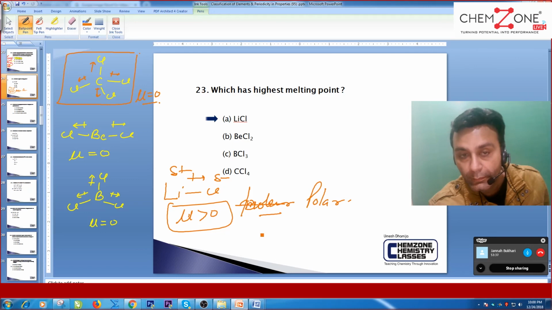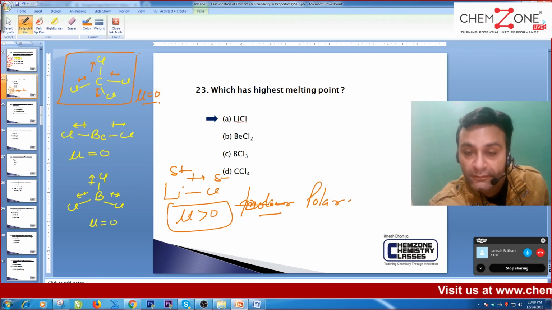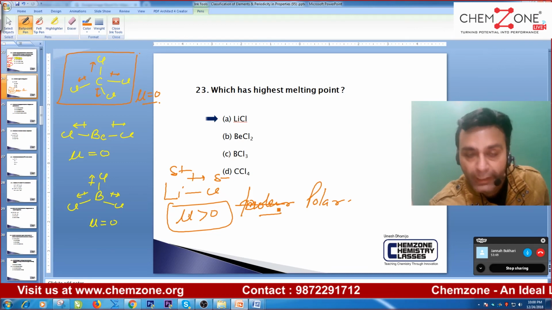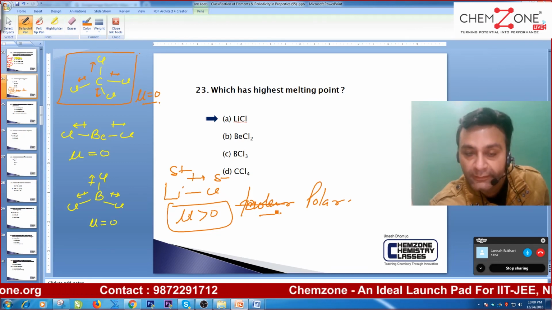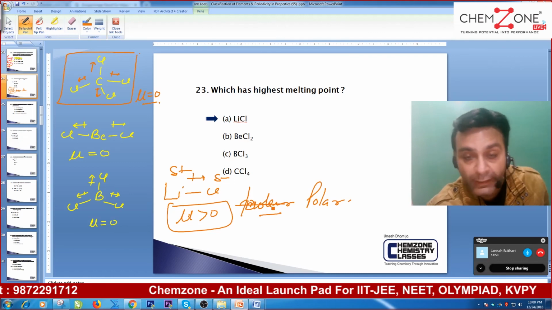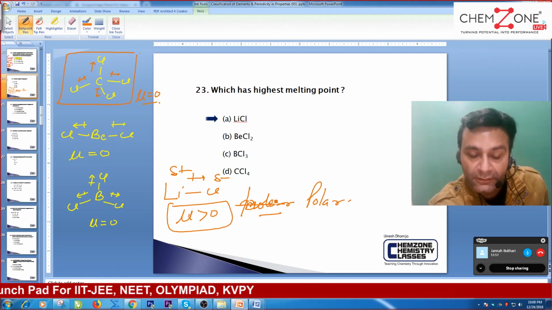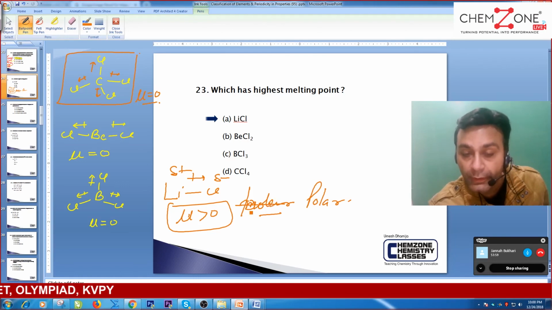But then isn't this also an ionic compound? Yeah, it has some ionic character. So then don't ionic things not have a dipole moment? They have polarity, which means one ion has a negative charge, the other a positive charge. So it's a polar molecule, and so they have a strong intermolecular force of attraction.